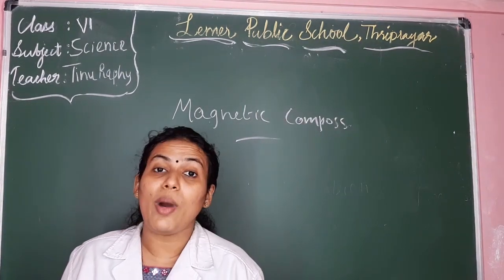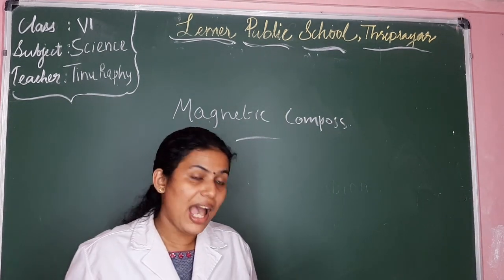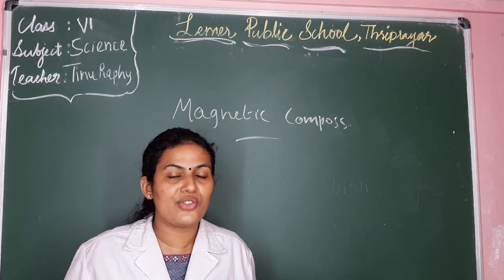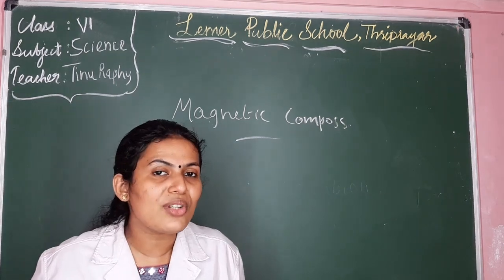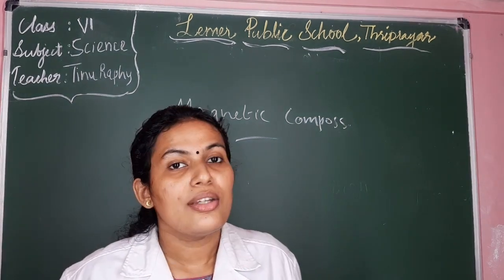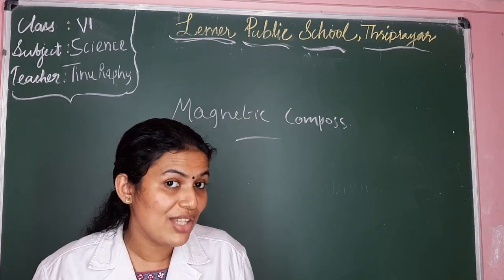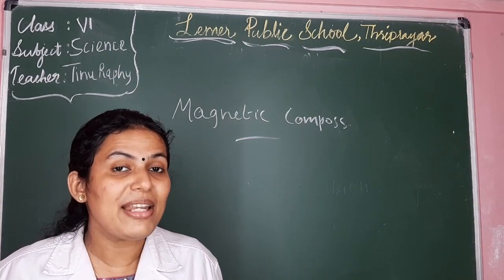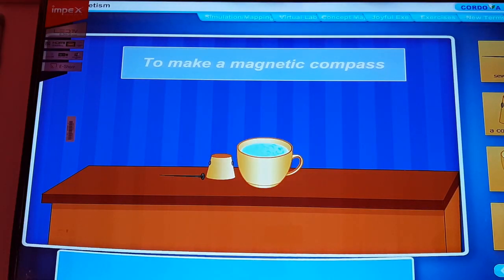Now, on page number 127, there is an activity, activity 5, to make a magnetic compass with the materials available at your home. The teacher will demonstrate this activity using the Digi video. Kindly watch the activity carefully. Let's learn how to make a compass with the materials available at our home. Activity 5. To make a magnetic compass.